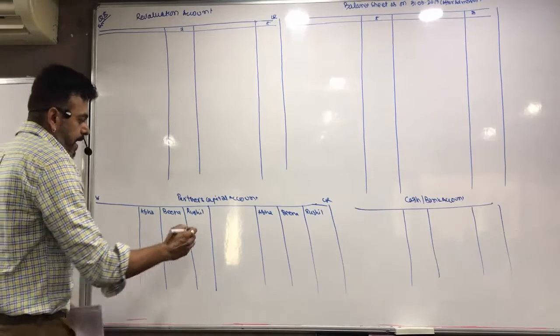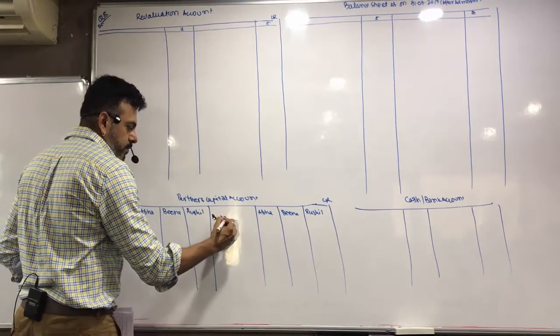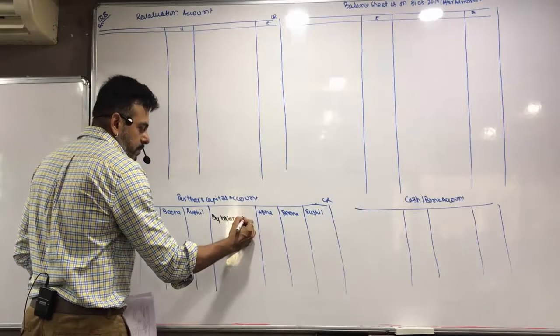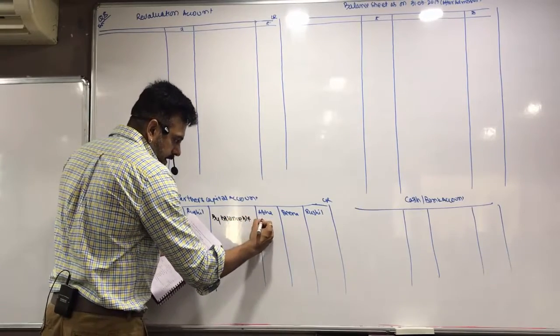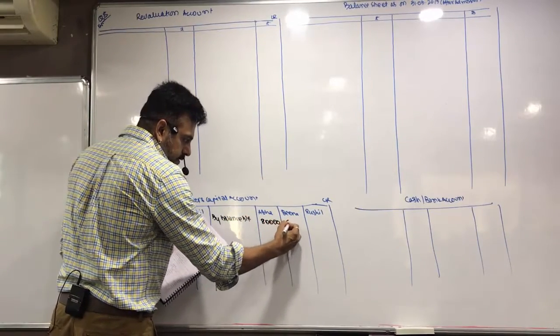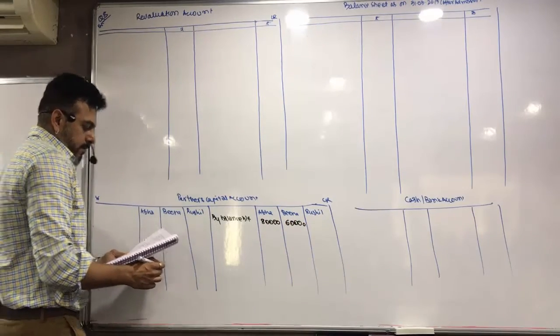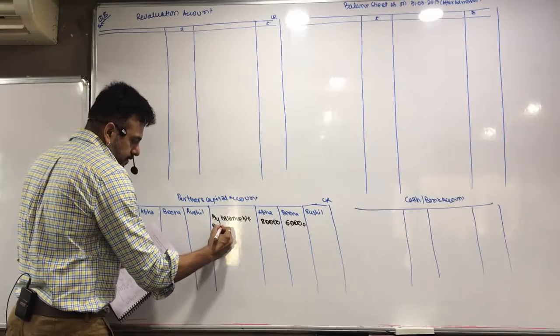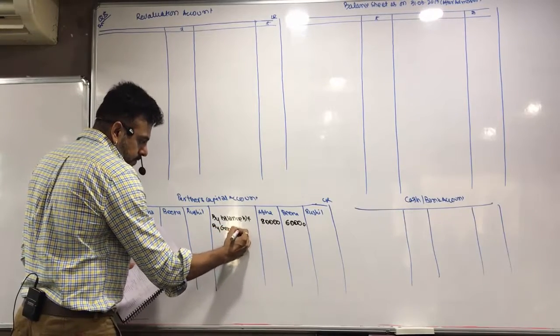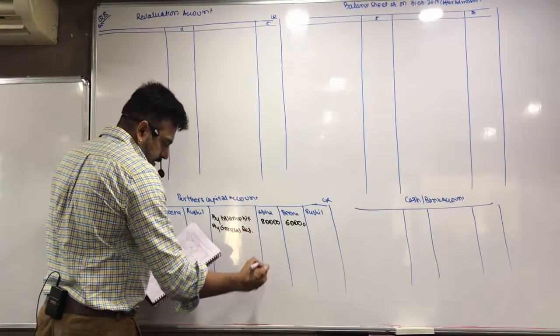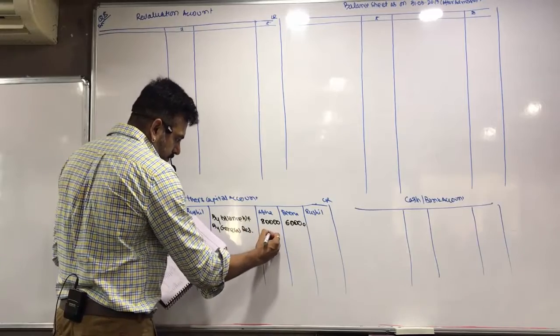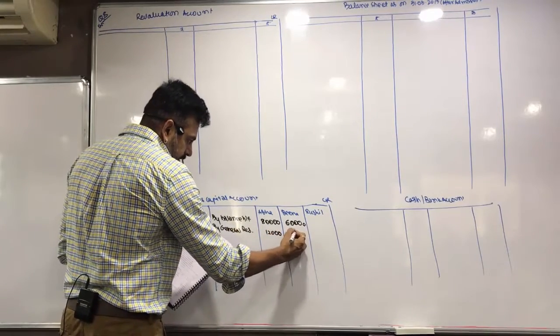Capital by balance brought forward: 80,000, 60,000. General reserve by general reserve 18,000, 2:1, so 12,000, 6,000.